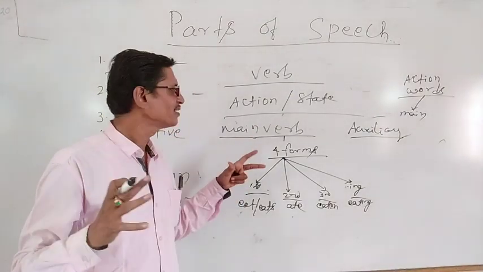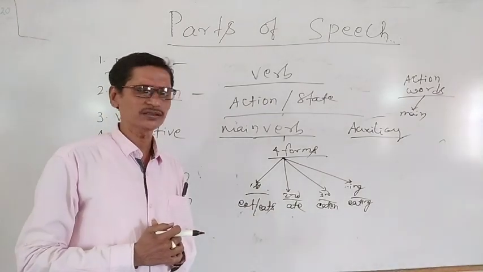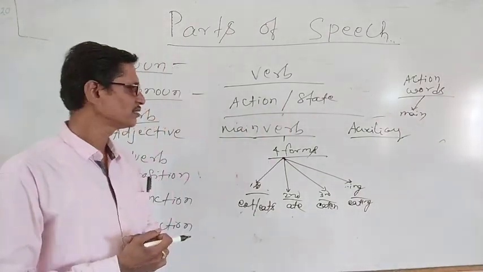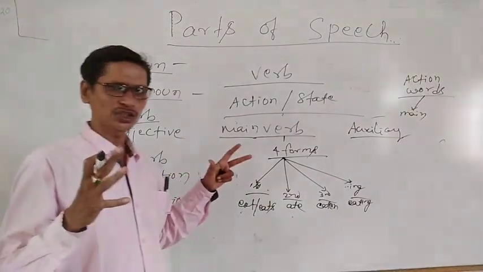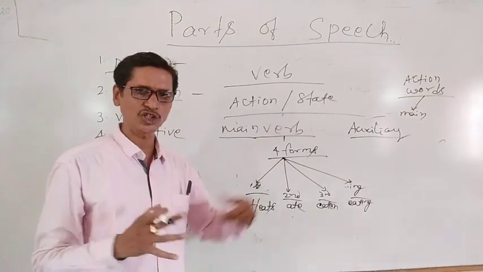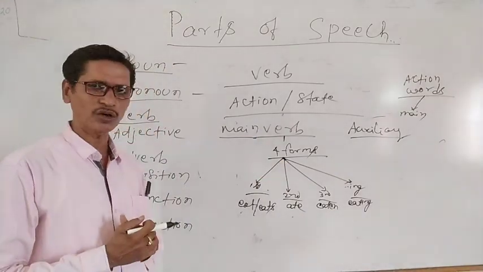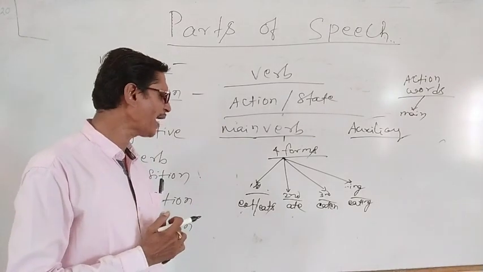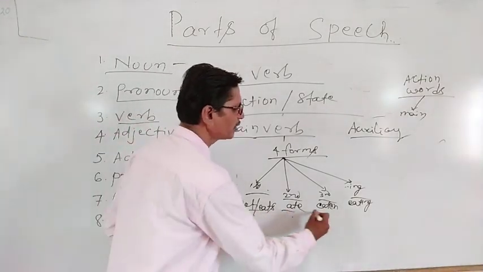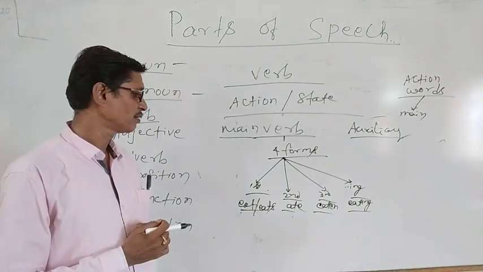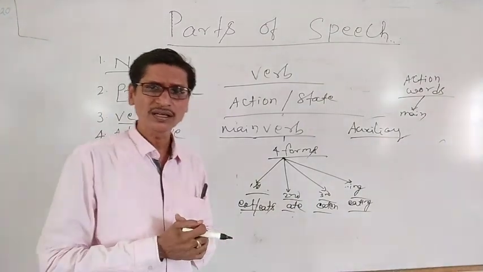But basically, we have two types of verbs: one talking about action, another talking about state. Normally we understood that we have two types of verbs, main verb and auxiliary verb. Now we are talking about main verb. Main verb has four different forms. And why do these forms change?